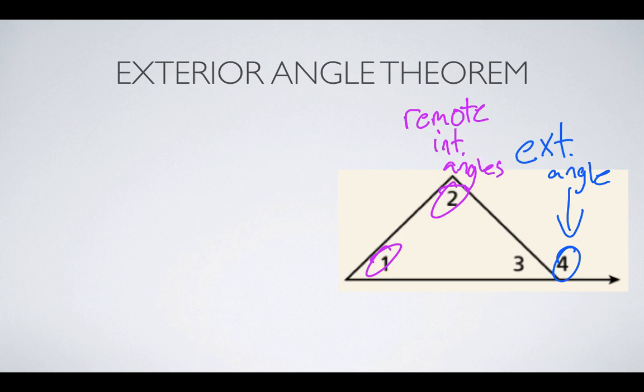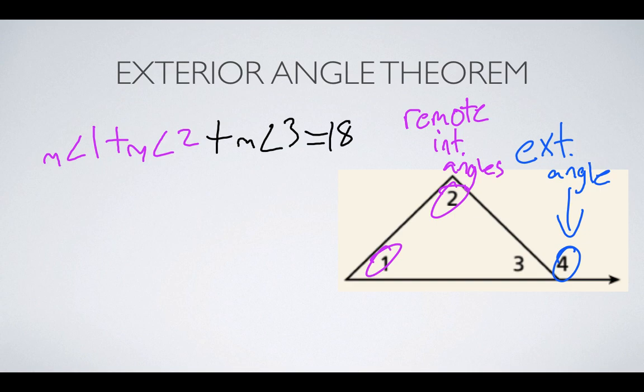Now, there is a rule that we're going to learn about when it comes to the remote interior angles. So, let's first remind ourselves of what we just said. The three angles in a triangle add up to be 180. So, in this case, I could say the measure of angle 1, plus the measure of angle 2, plus the measure of angle 3, equals 180 degrees.